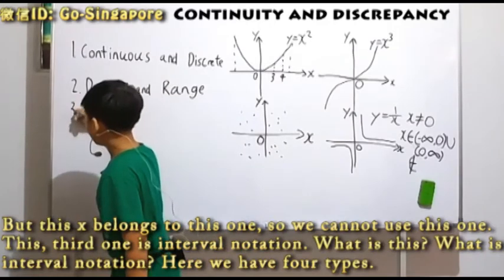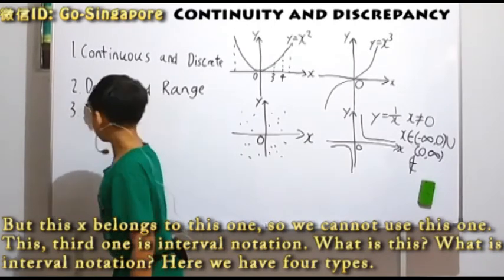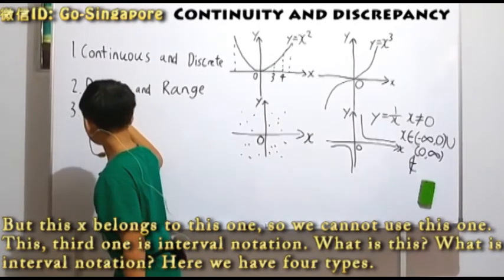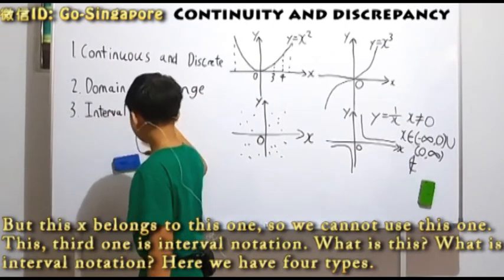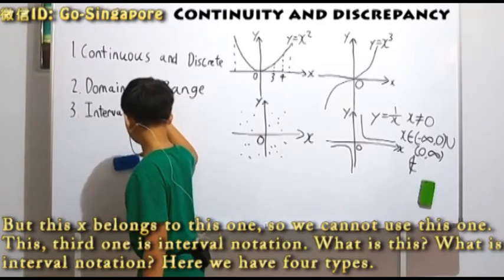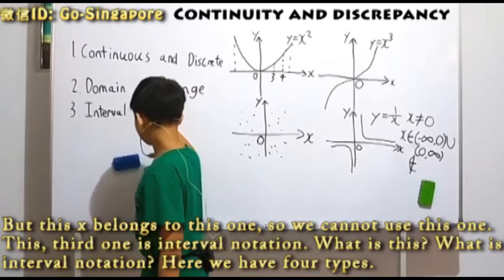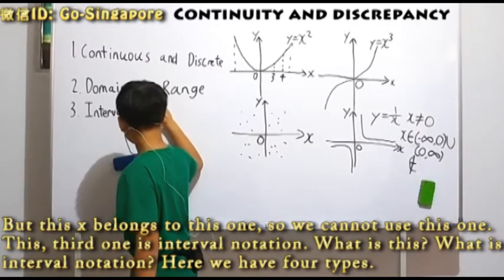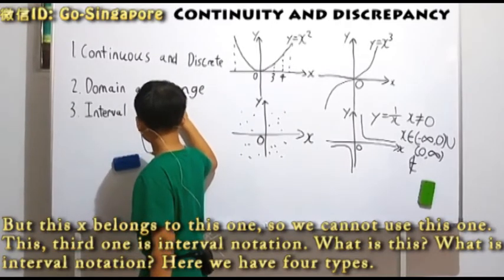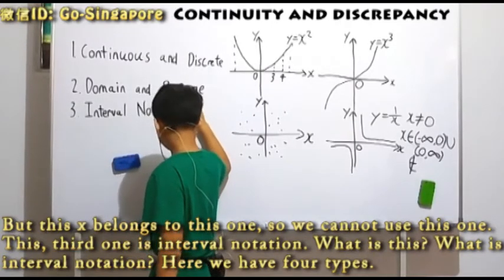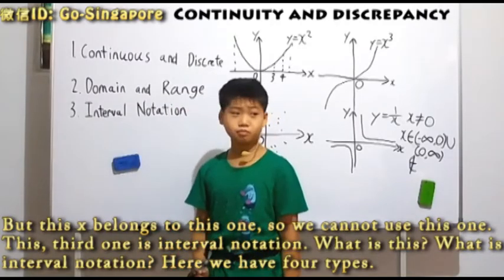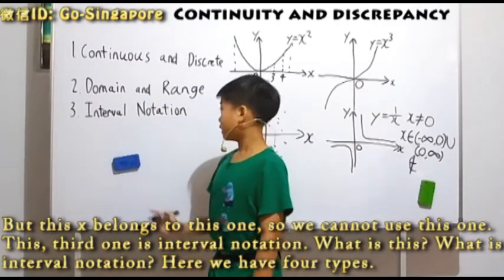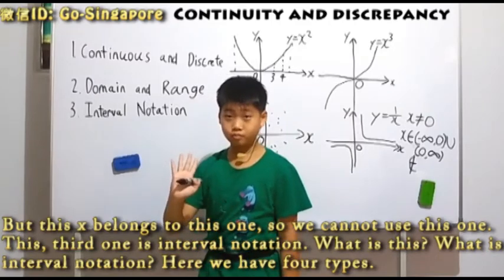This third one is interval notation. What is interval notation? Here we have 4 types.